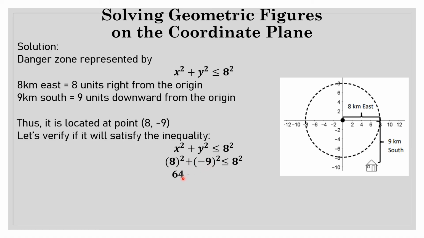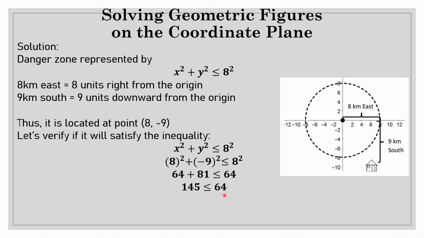8 squared is 64, (-9) squared is 81, then 8 squared is 64. So, add natin to, 64 plus 81, that is equal to 145, less than or equal to 64. So, since ito ay false statement, 145 is less than or equal to 64 is false, it should be 145 is greater than 64.